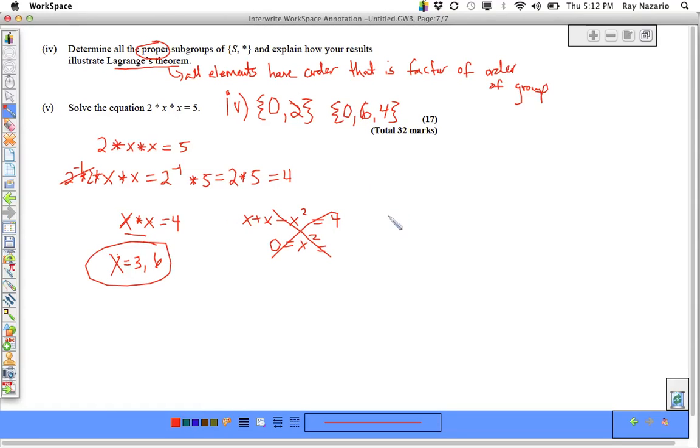If we would have done the algebra, we would have ended up with 0 equals x squared minus 2x plus 4, which factors into 0 equals... that's not good. So maybe this approach doesn't do us well.